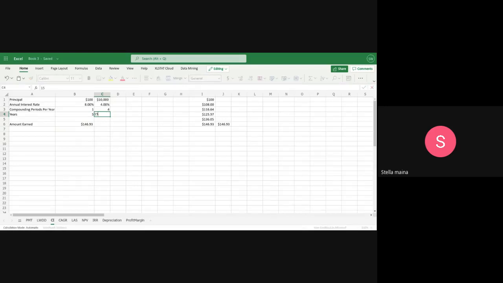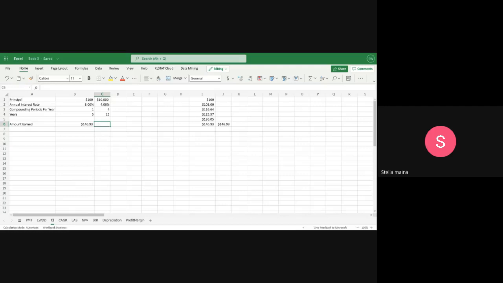So remember, some interests are compounded after 4 years, 2 years, 1 year. Basically it depends on the agreements that you have with the bank or whichever institution you invest your money in. So we want to calculate the amount.